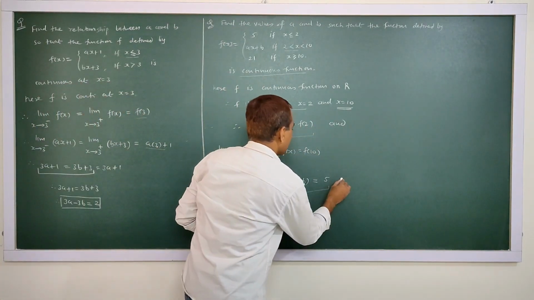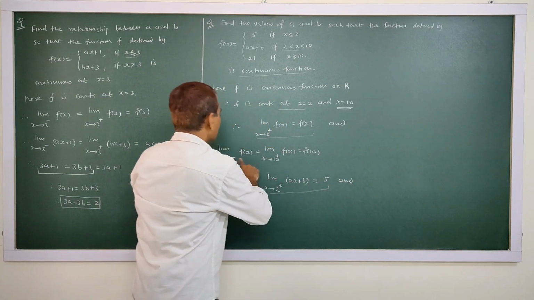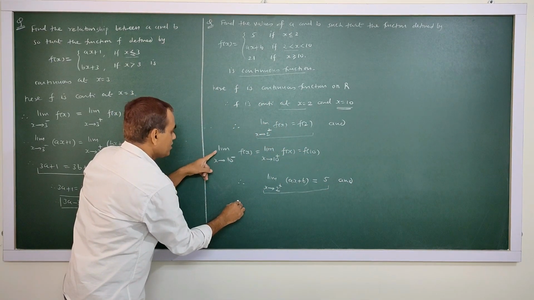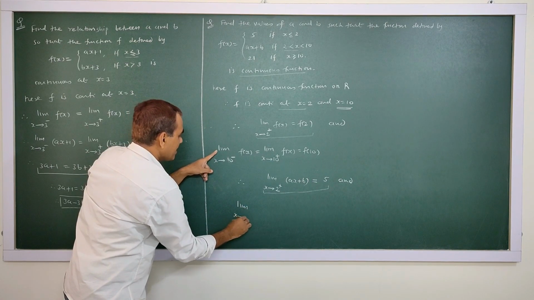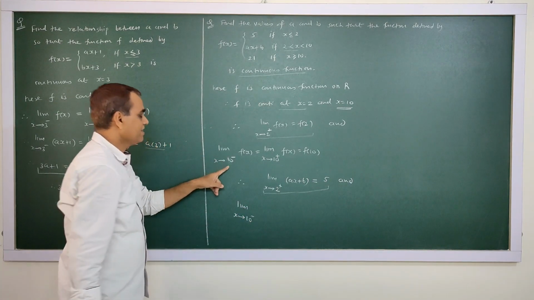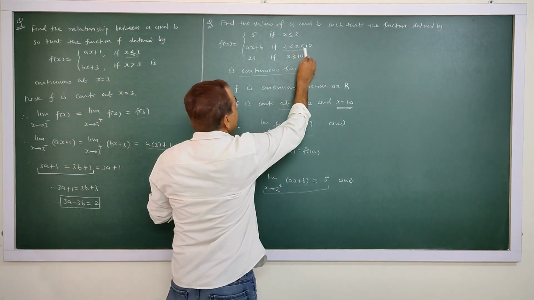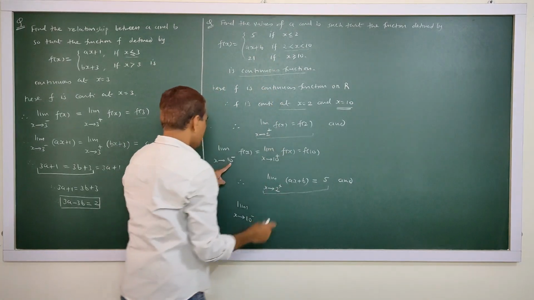And now see, from this definition, the limit as x tends to 10 from the left side means x is less than 10, so this value is ax plus b.